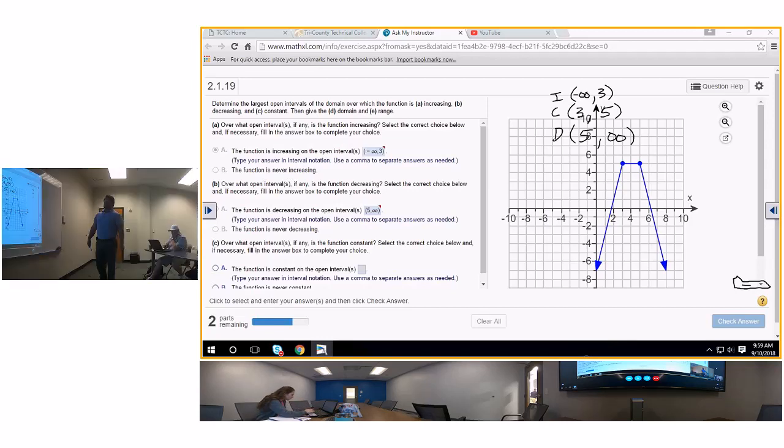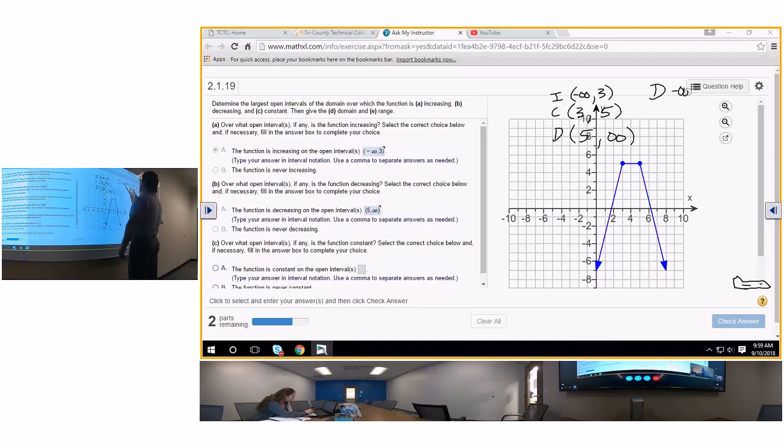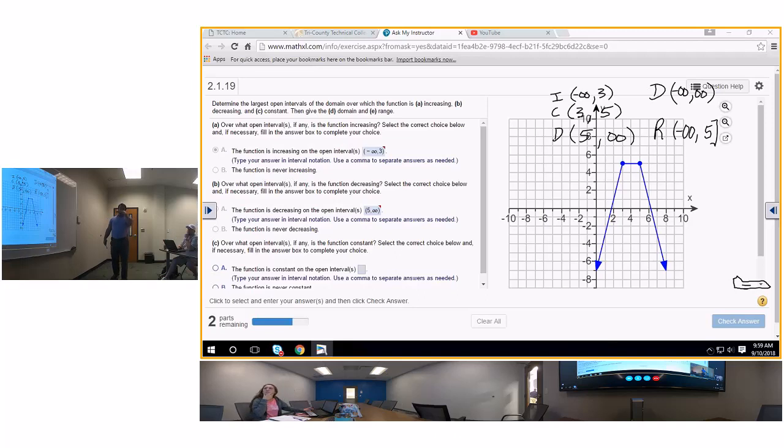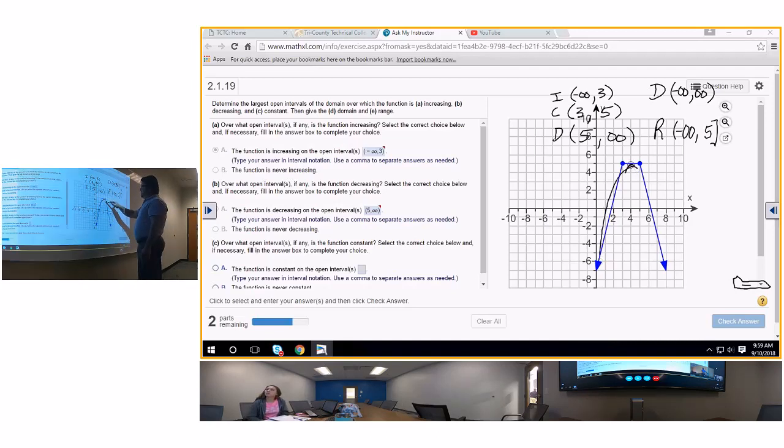It is a function. Domain is all real numbers, or in this case, negative infinity to positive infinity, and the range is from negative infinity to what? Now 5 does get a bracket. Why? Because it's constant. But what if this was a parabola and it went up to 5 like that?